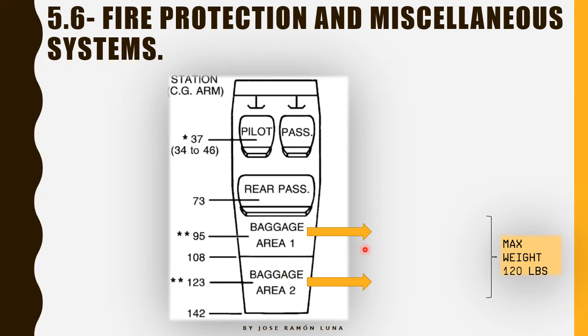Okay? The limit for this one is 120. The limit for this one is 50. However, combined, they shouldn't be carrying more than 120 pounds. So, the maximum total hold capacity of the Cessna 172 is not 170, it is 120 pounds. That's a typical exam question. It can get you confused. So yeah, basically you need to know this to fly safely.